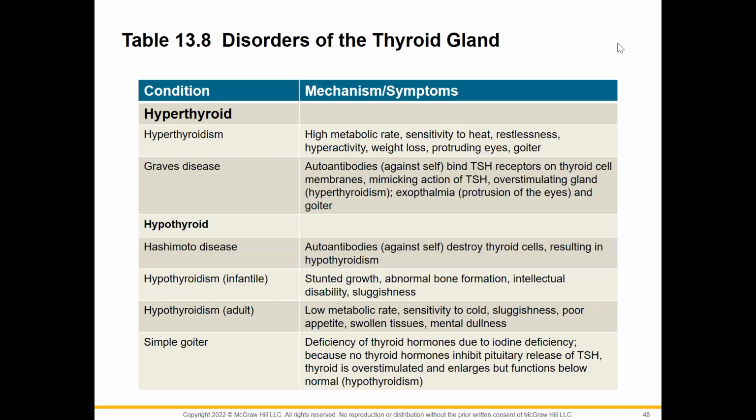You have hyperthyroid and you have hypothyroid. Hyper means increase, excess, up, above. So, hyperthyroid conditions are those conditions in which the thyroid is producing too much thyroid hormone, too much T3, too much T4. Hypothyroid is the opposite. Your thyroid is producing too little thyroid hormone, too little T3, too little T4.